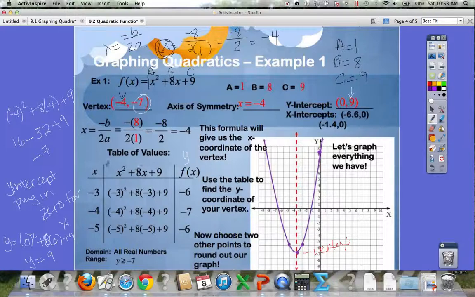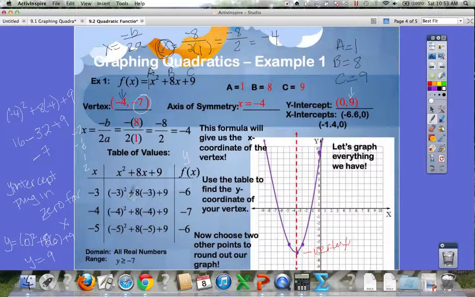Okay? Now, a lot of times you may want to choose smaller numbers. You'll see us use 0, 1, and 2, and also negative 1, negative 2. Okay, those are smaller numbers where you can possibly fit the graph on your graph paper a little bit easier. So you just pick some numbers. It doesn't matter. I suggest the smaller the better on your x.